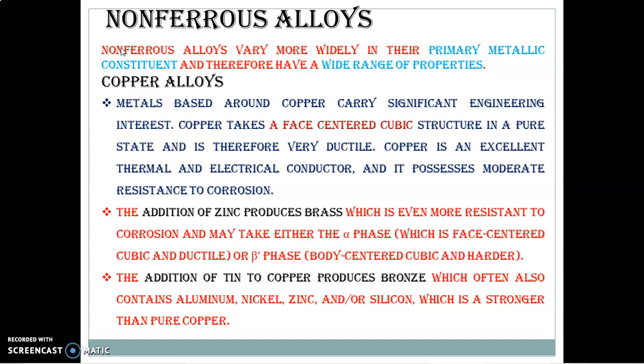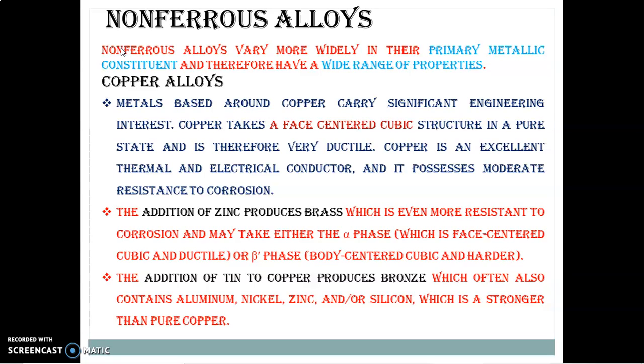The beta phase is body-centered cubic and that is the harder phase. So in brass, there are the alpha phase and beta phase. The alpha phase is face-centered cubic, which is ductile, and the beta phase is body-centered cubic, which is harder. This is about brass.